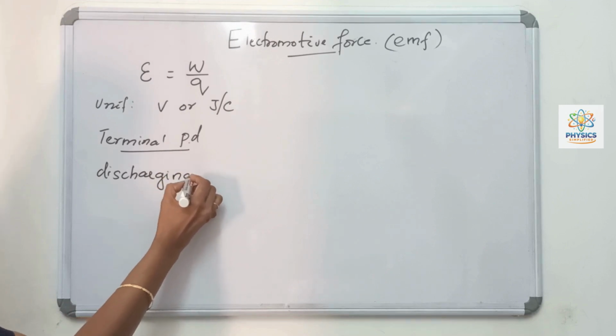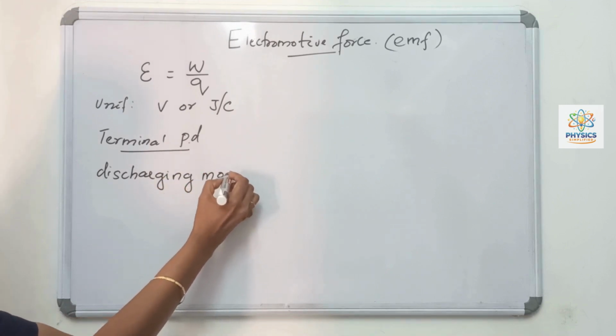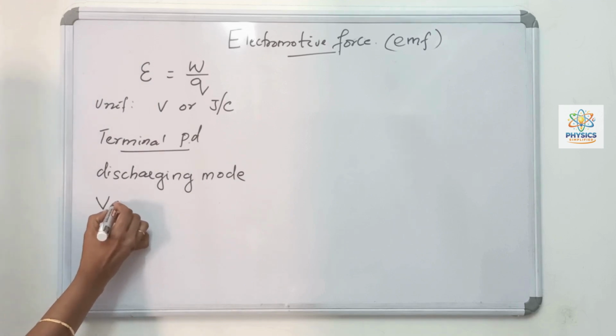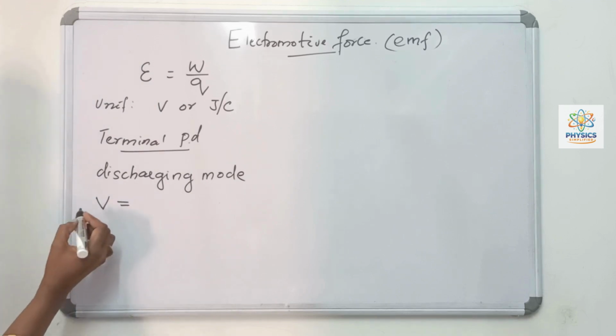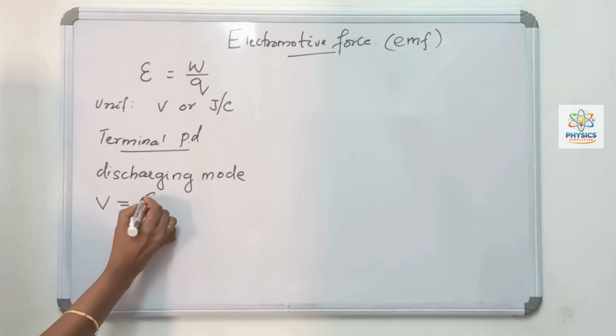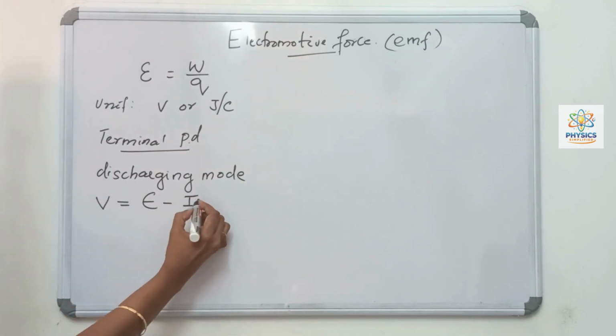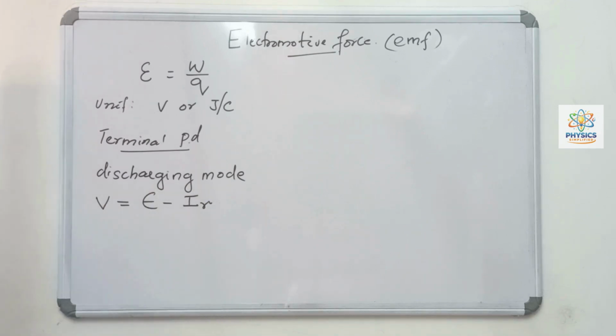When the cell is in discharging mode, the terminal potential difference can be calculated by using the relation V is equal to E minus I into R. Here E represents the EMF of the cell, I is the current and R is the internal resistance.